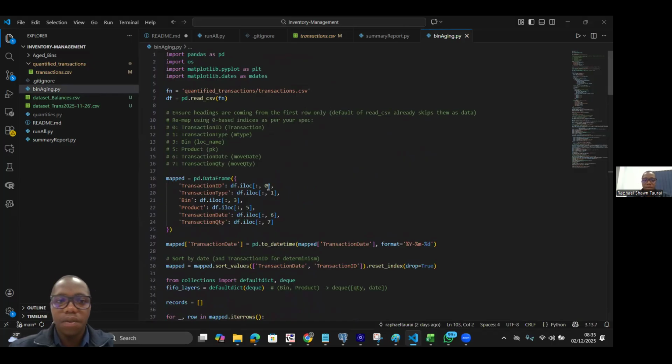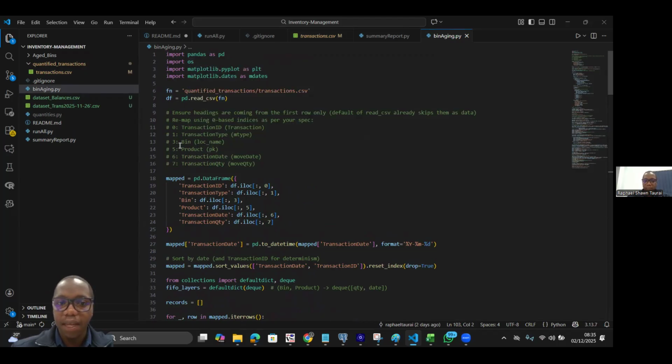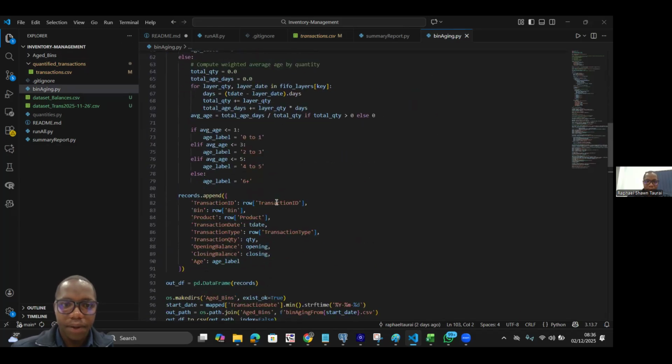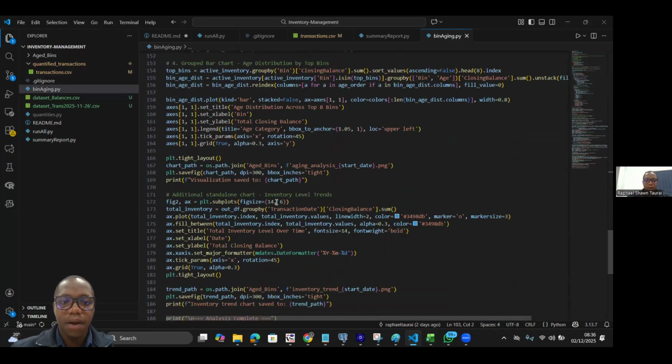I love to use the CSV function in Python, but Pandas did that for me. And my OS is there to manipulate my directories and to make the file accessibility possible.